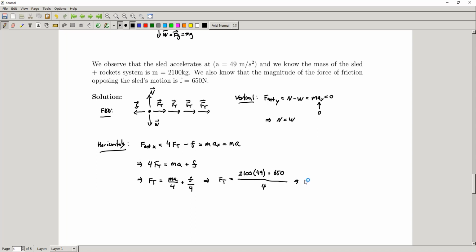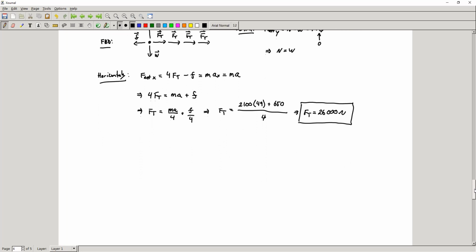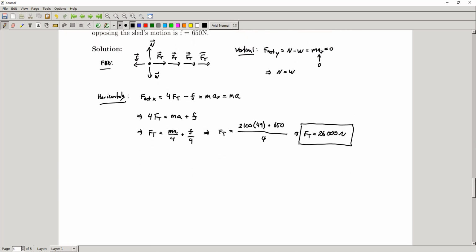And if we do that calculation, we're going to find that Ft is equal to 26,000 newtons. Okay? So we've solved the problem. Each of these 4 rockets is supplying 26,000 newtons of thrust here. Okay? And so we can kind of ask ourselves a few extra questions here.